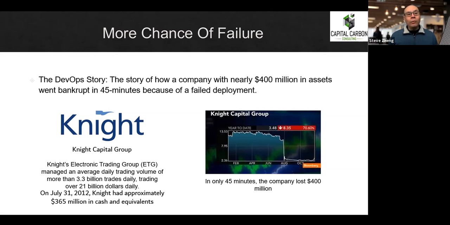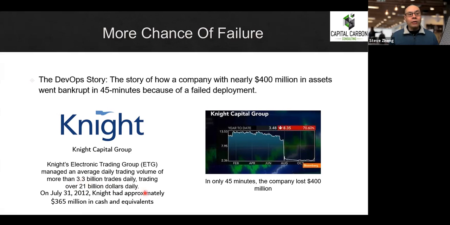The company's name was Knight Capital Group. The company runs 3.3 billion trades every day, worth $21 billion a day. And just before the incident, the company had 365 million in cash and equivalents.